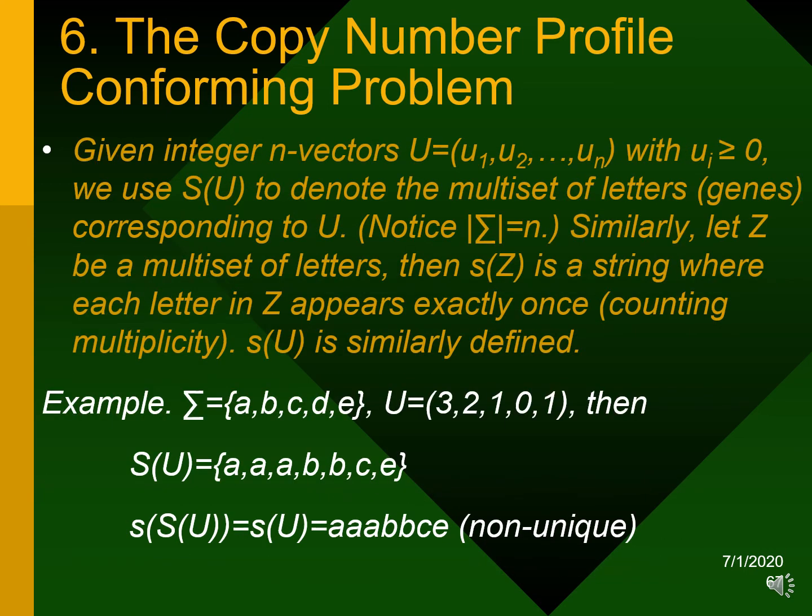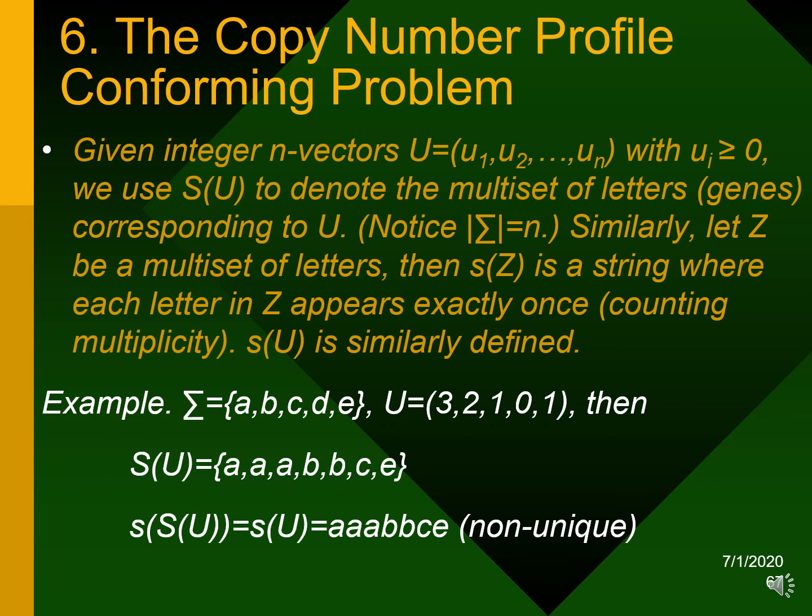So before presenting the algorithm, two more concepts. Given an integer vector in n dimensions, u1, u2, ..., un, S(U) is the multi-set of letters corresponding to U. So if sigma is A, B, C, D, E and U is 3, 2, 1, 0, 1, then S(U) is A, A, A, B, B, C, E. Let Z be a multi-set of letters.